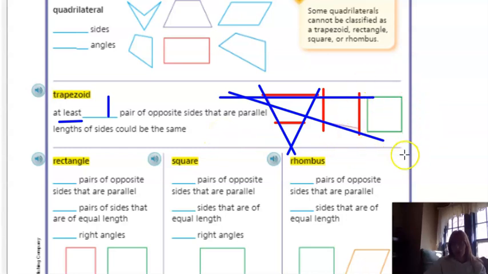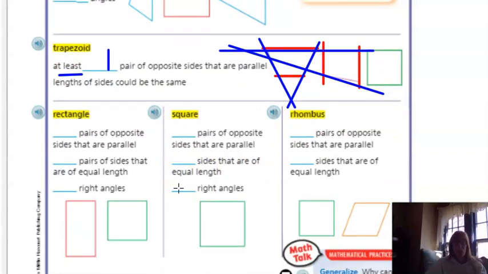So that's why the square also can be a trapezoid. Squares can be certain things, but other things can't be a square, like a trapezoid cannot be a square. We can see that.